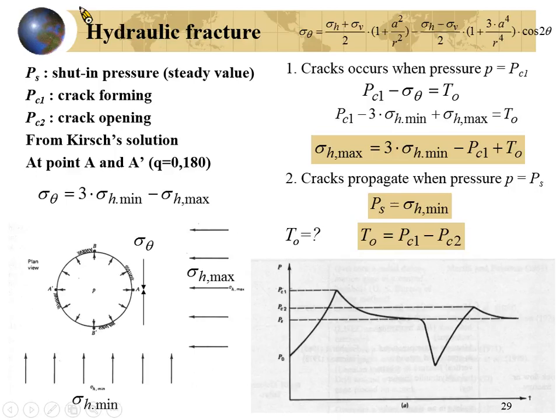Please follow me. If the vertical stress is larger than 14 MPa, then you will have a vertical fracture. If the vertical stress is smaller than 14 MPa, then you will have a horizontal fracture.